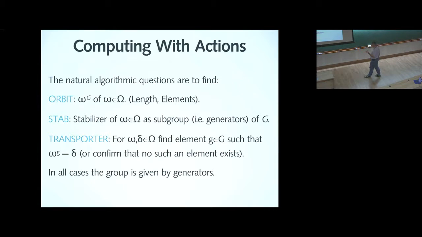And the third problem would be a transporter problem. If I have 2 points in an orbit, give me actually an element which maps one point to the other. And in that category, for example, also falls the conjugacy test. We have a group acting on its elements by conjugacy. Give me a group element which conjugates one group element into another. These are the basic problems for orbits and stabilizers.